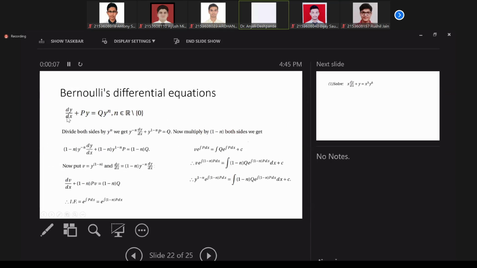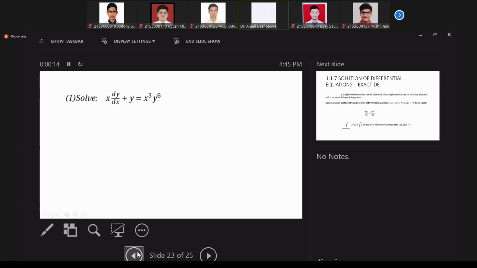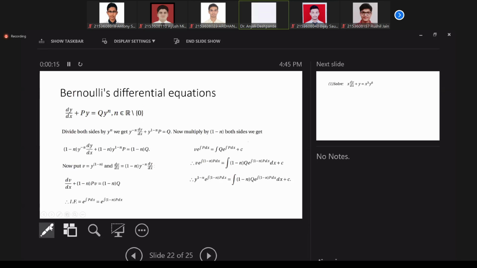It is similar to the Leibniz linear, but one thing is different. Just observe this equation on the board and tell me what is different between the previous one and this one. Quickly, you will be able to tell. Too much thinking is also not required. What is different? y raised to n. On the right hand side, we have got this additional term y raised to n.